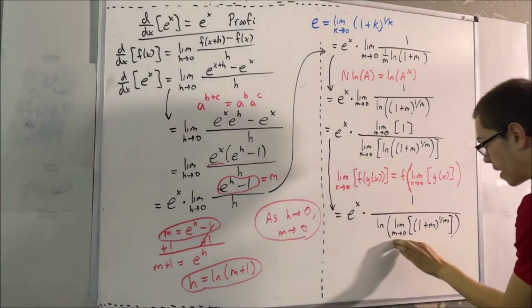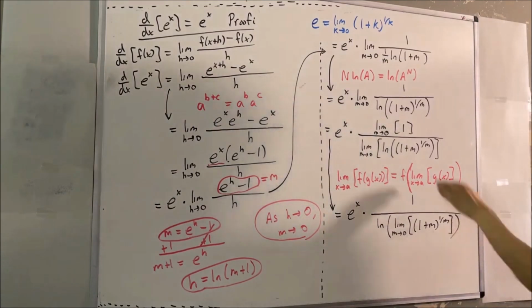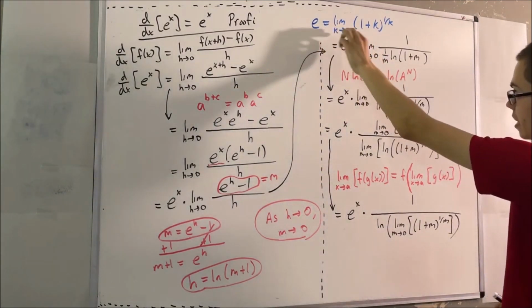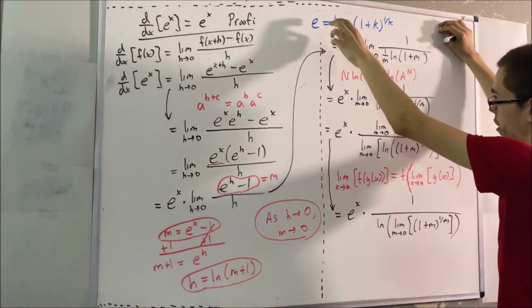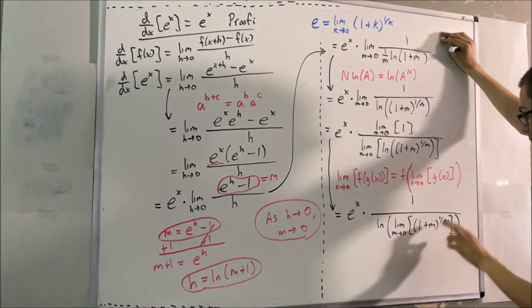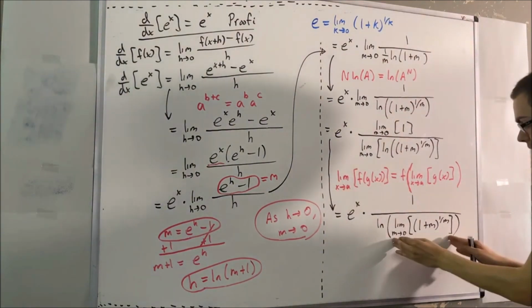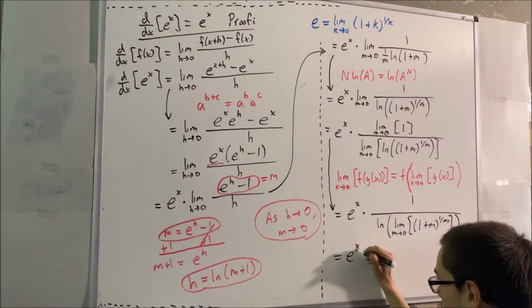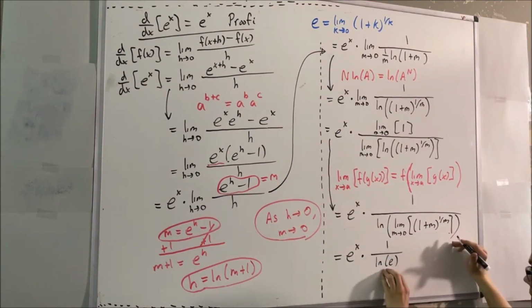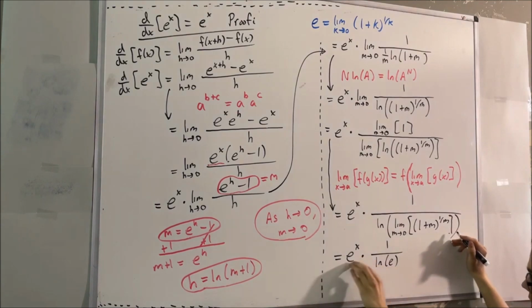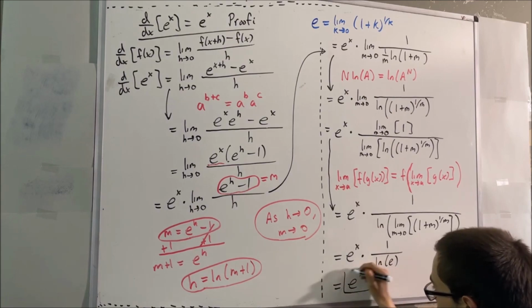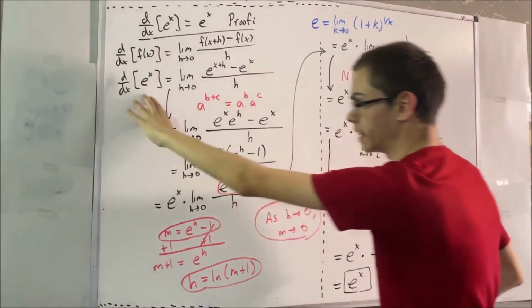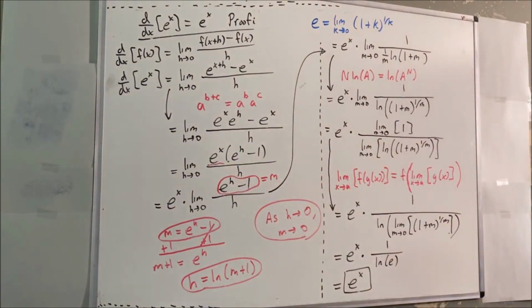But this limit is e, because as you can see, this limit is the same exact thing as this limit, just instead we're calling this k, we're calling this m. So we know for a fact that this limit is e. But the natural log of e is just 1. So you have e to the x times 1, which is just e to the x. And so this would be the derivative of e to the x. And that's how we could prove it.